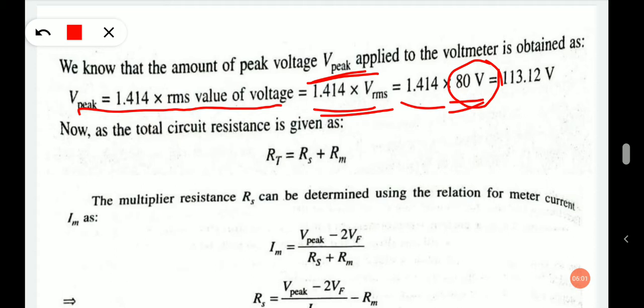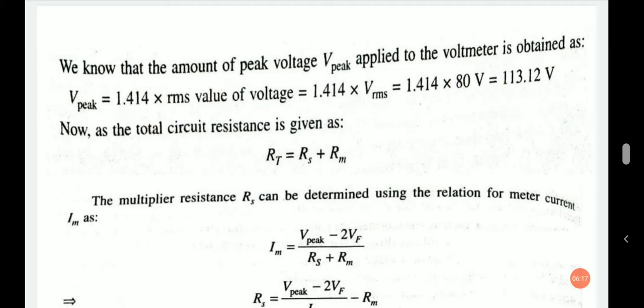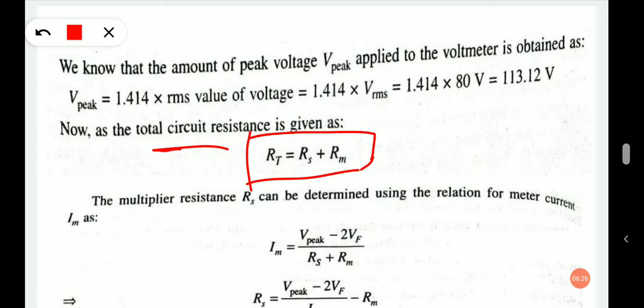If we calculate this, we will get 113.12 volt, that is V peak, the amount of peak voltage applied to the voltmeter. Now the total circuit resistance RT is given as Rs plus Rm, addition of meter resistance plus multiplier resistance.